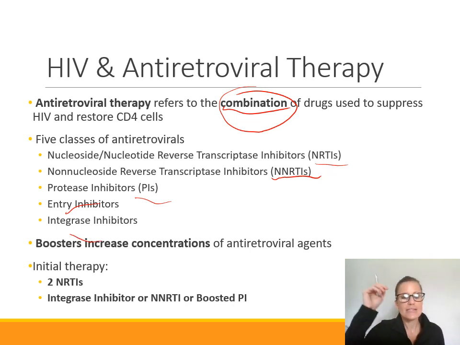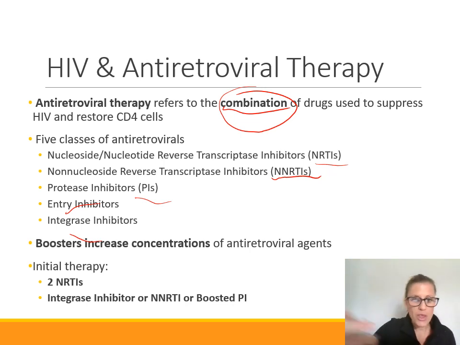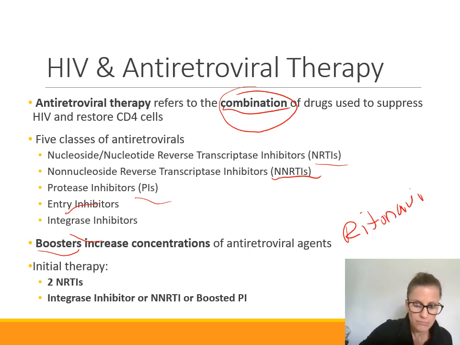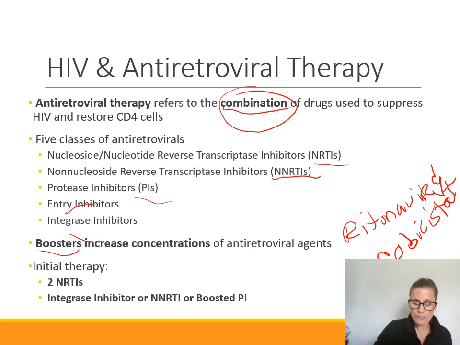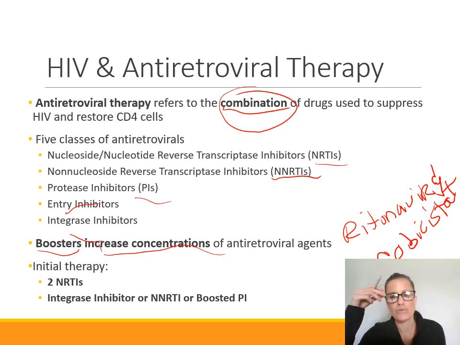Now, we use these antiretrovirals, but we also use boosters very frequently in HIV therapy. Boosters include ritonavir, which we already mentioned, and cobicistat, which is another booster. And these are used to increase concentrations of antiretroviral agents, like we use them with multiple protease inhibitors.